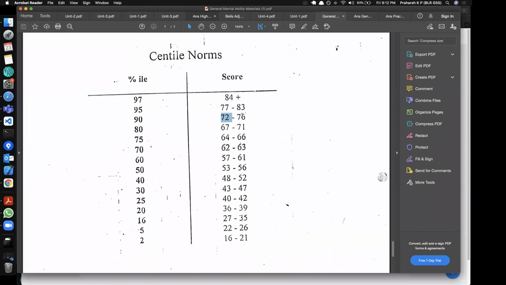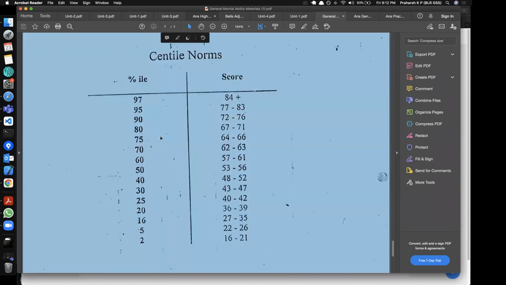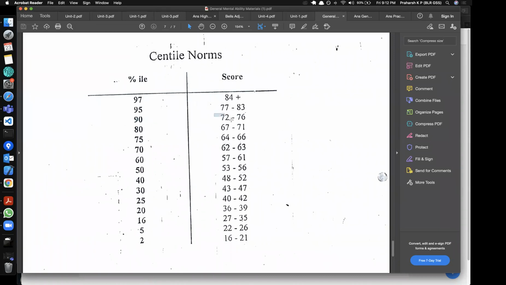If your mark is again a big mark, 72 to 76, your percentile is 90. That means if 100 people take this test and you fall into this bracket, this many people are below you. So you are above this many people. That's what a percentile score means.